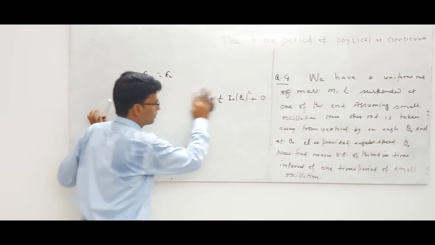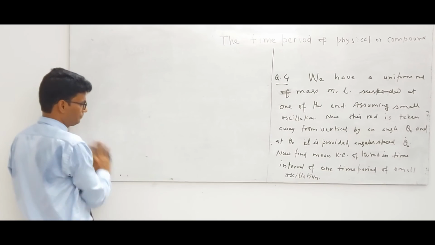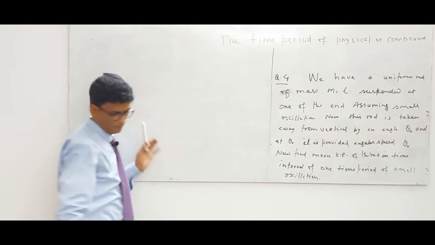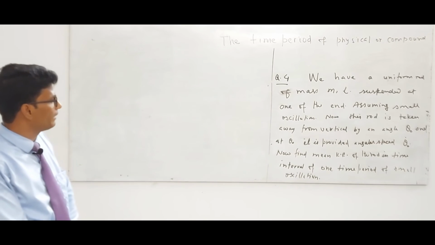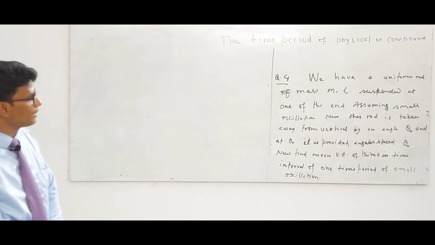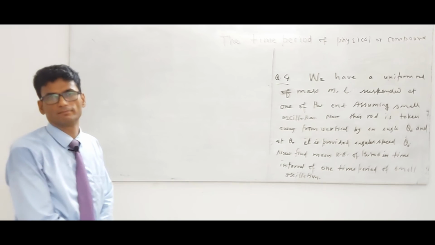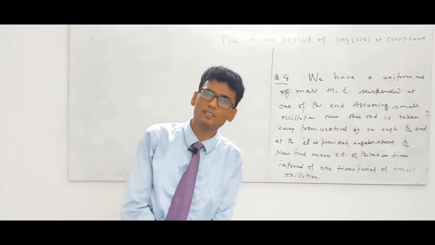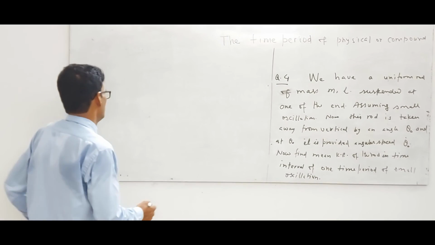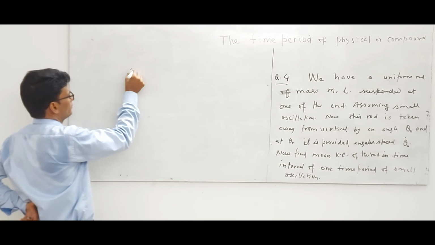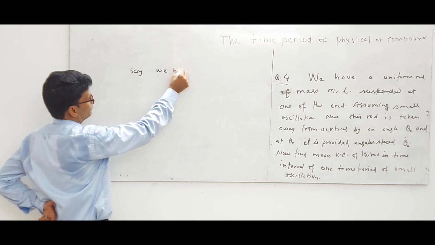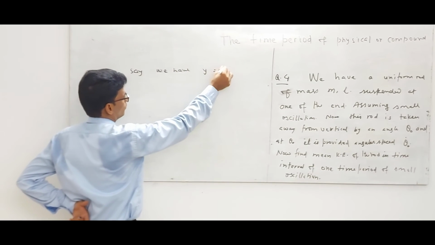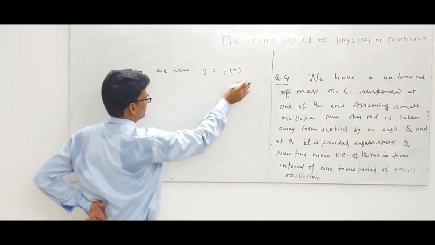Now, before indulging in this problem, we want to give you how one can find the average value of a given function. Say we have y is equal to f of x.